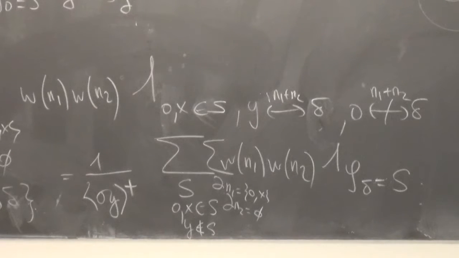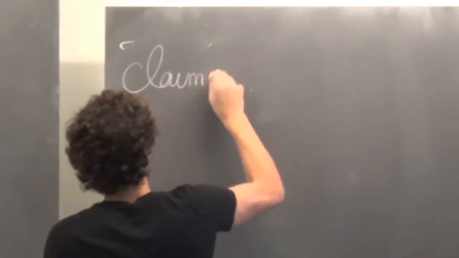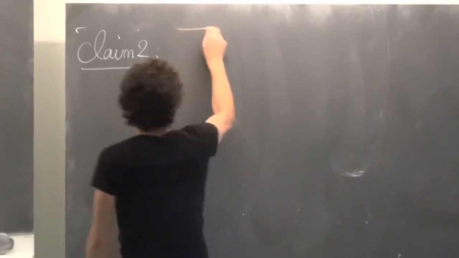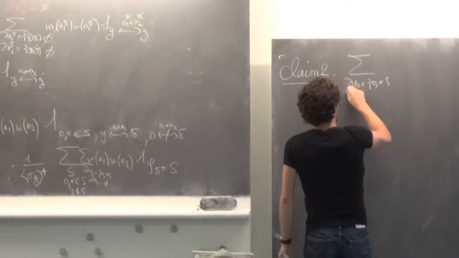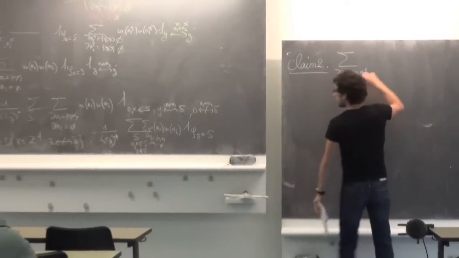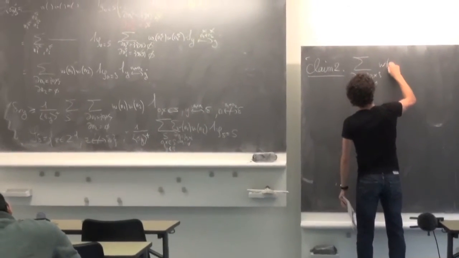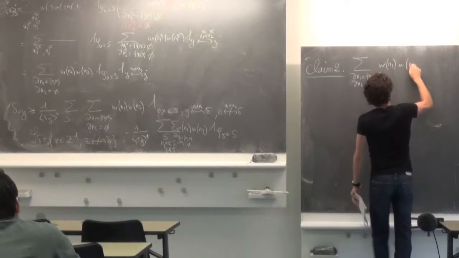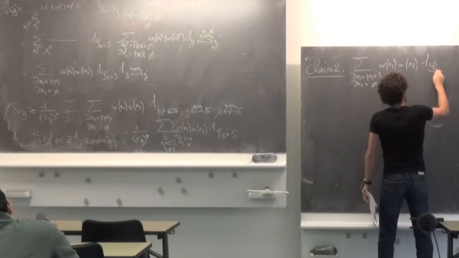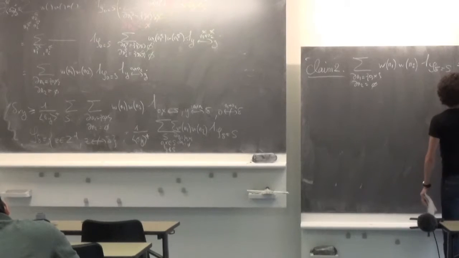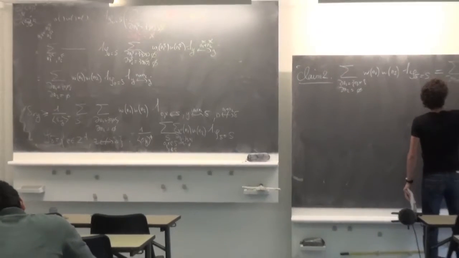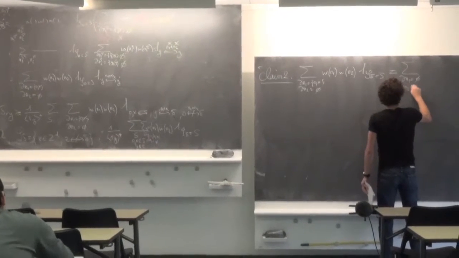So claim 2 is going to be that the sum of this horrible thing is equal to the sum, where I'm going to put now sourceless currents.